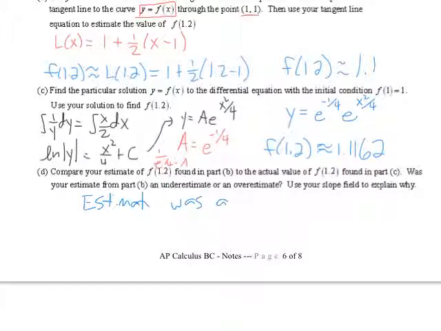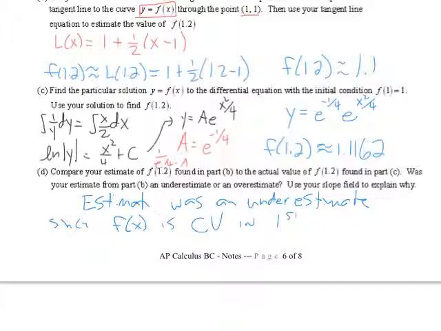the reason for that has to do with something that we learned in linearization, and that has to do with concavity. Since our function is concave up in the first quadrant, the tangent lines will be underestimates.